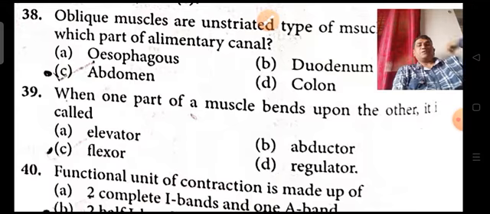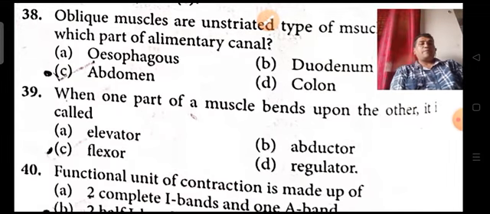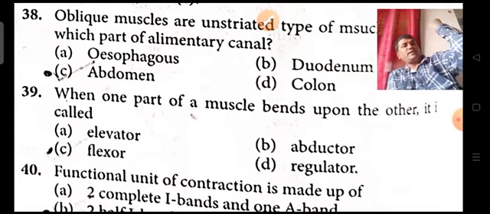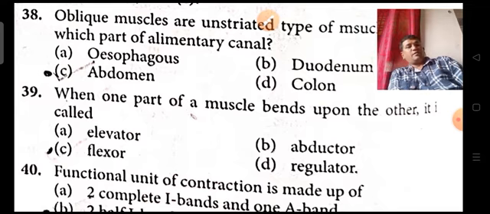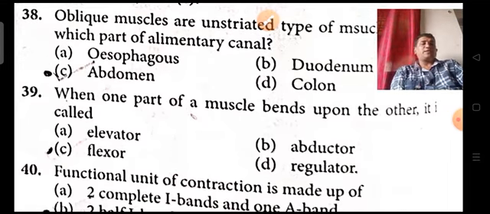For example, the biceps is a flexor muscle, and when you fold the arm, it brings the remaining part towards it. The flexor muscle acts antagonistically, opposite to the extensor muscle.